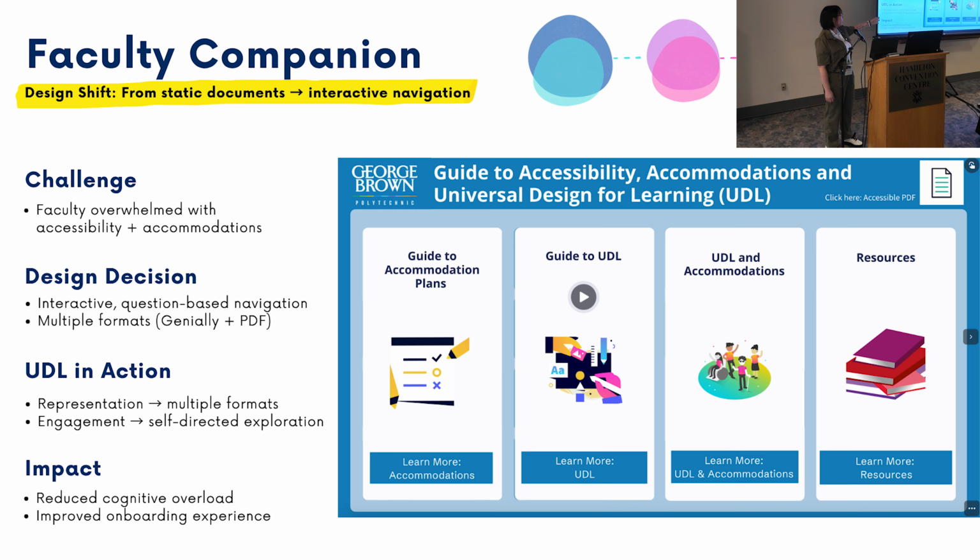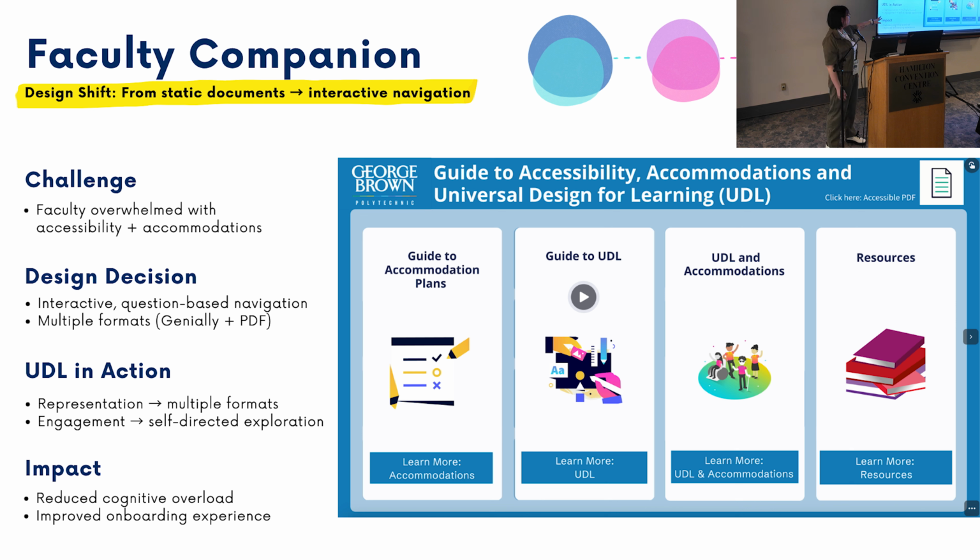For the design, I'm using Genially to convert that into an interactive component. When they click into learn more about accommodation, it goes into a question base. Those are questions that faculty always ask us first, and then they go with their question and find the link, find the information.